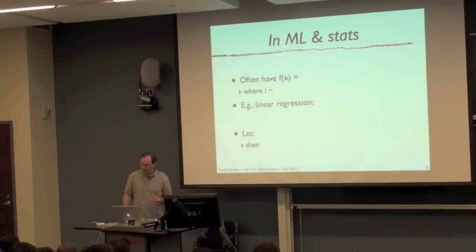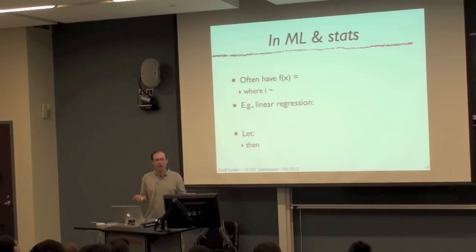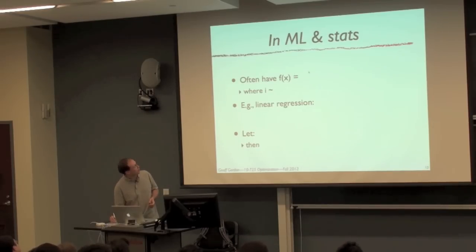In machine learning and statistics, there's this nice situation for gradient descent and for all other optimization problems as well that bears paying special attention to. We often have our function that we're trying to minimize. It's equal to the expectation over some distribution p of f_i of x.